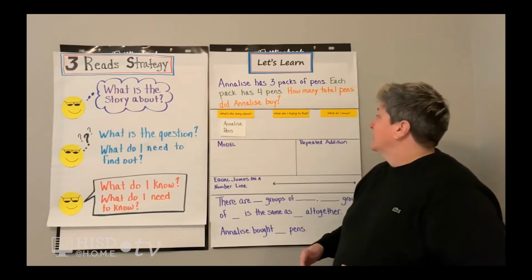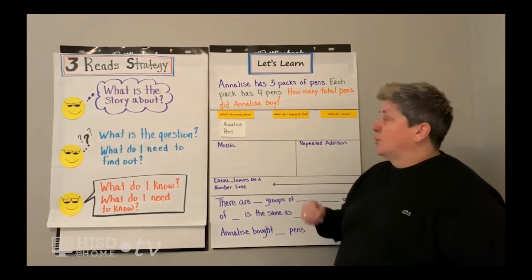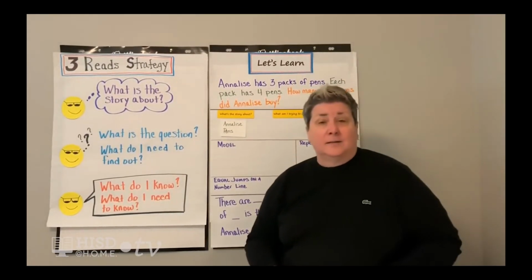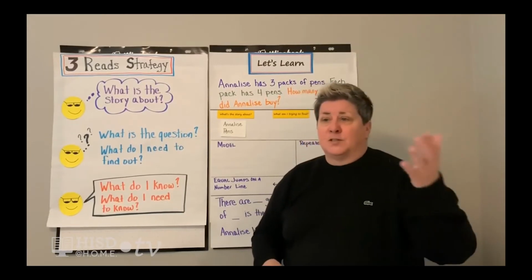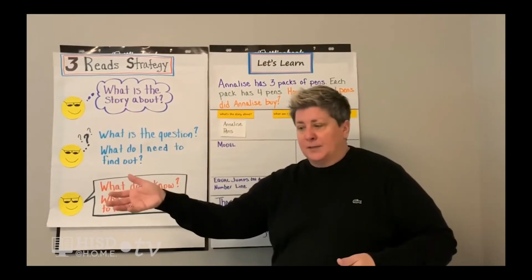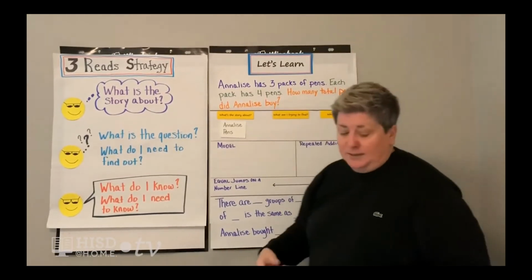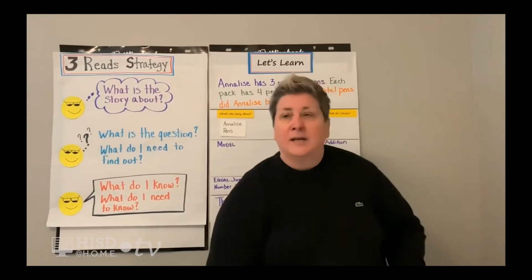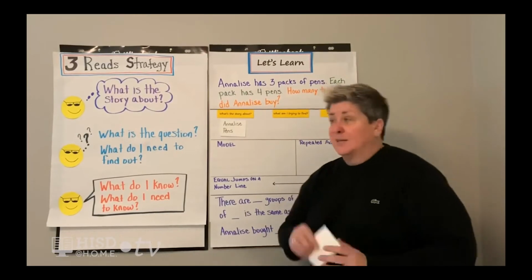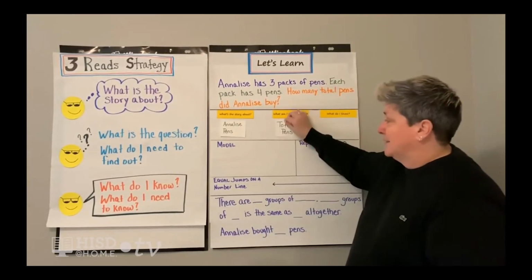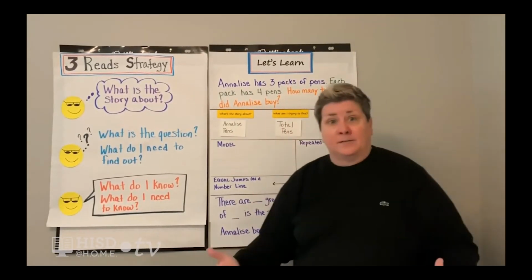How many total pens did Annalise buy? So she's got packs. Each pack has something, but it's asking me for the total pens that she bought. Okay, so what I'm trying to find out is how many pens does Annalise have?